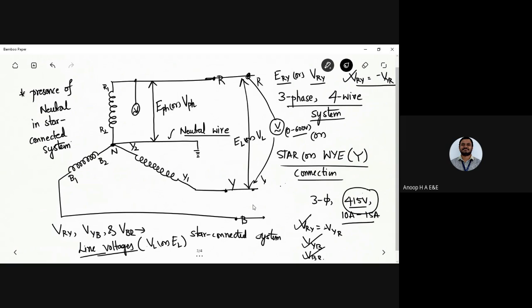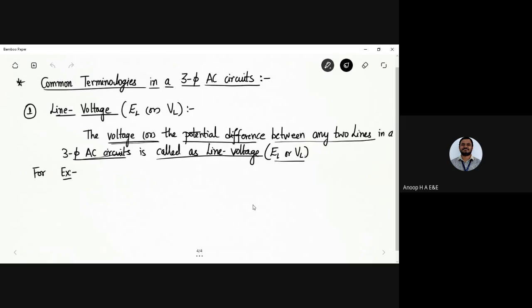If I connect it between any one of the lines and the neutral, that will be termed the phase voltage. I'll tell you the definition of phase voltage right now.